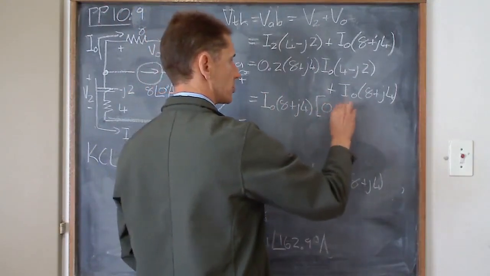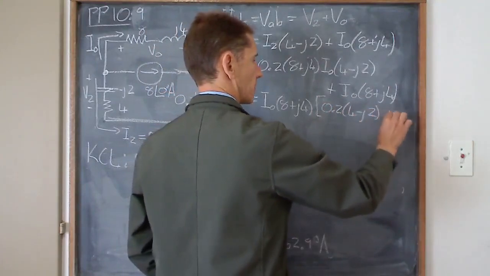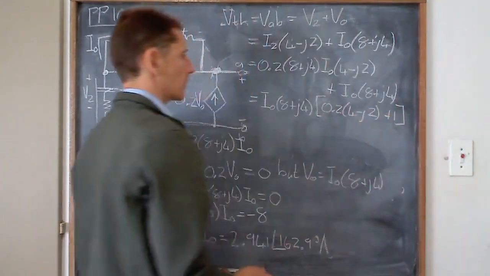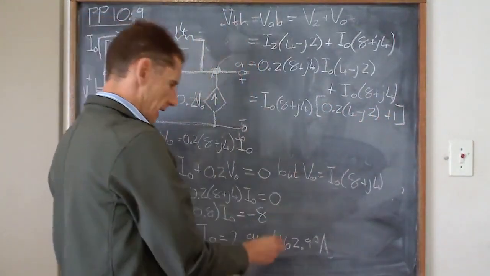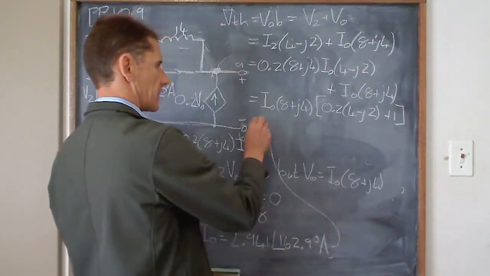So 0.2 times 4 minus J2 plus 1. Okay. And I out we have, it's this one. And we plug that in there.